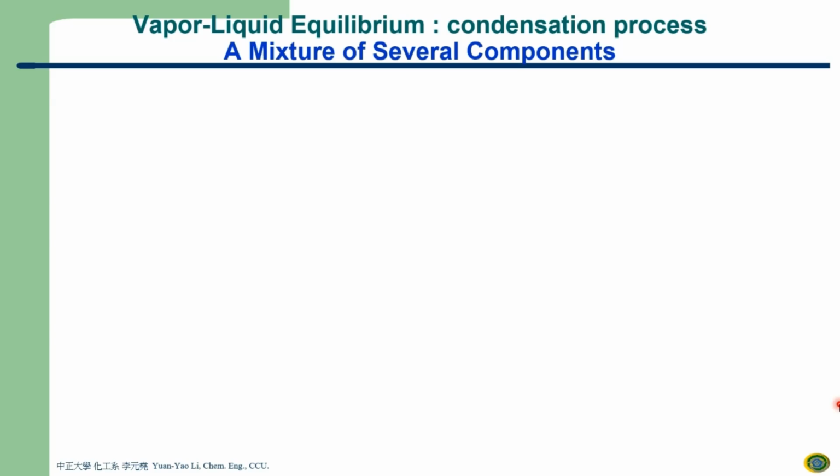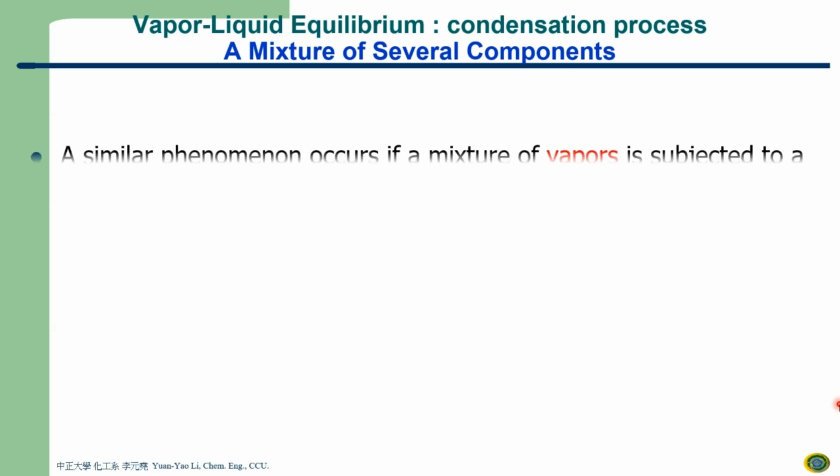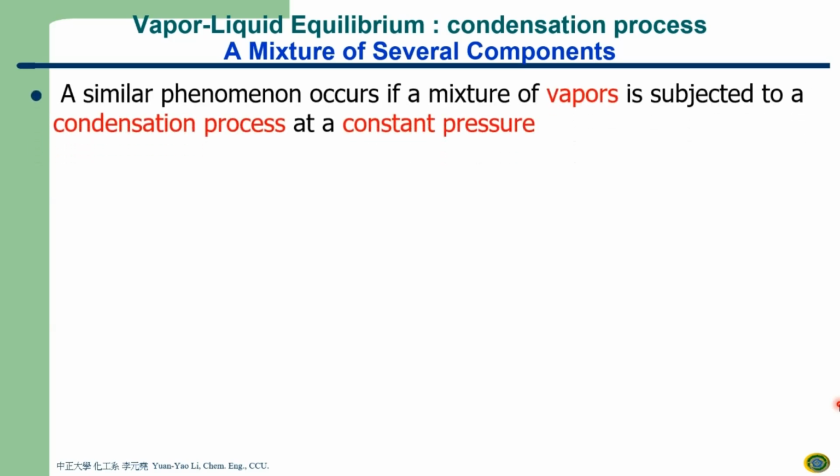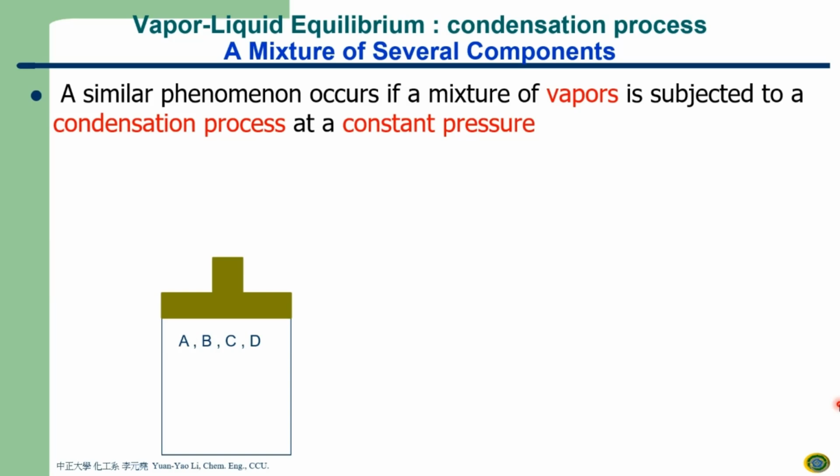Right, so vice versa. How about condensation process? A similar phenomenon occurs if a mixture of the vapors is subjected to a condensation process at a constant pressure. So for example, there's no gas, there's no liquid in this system.